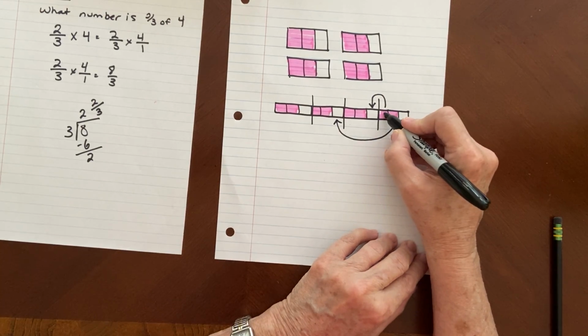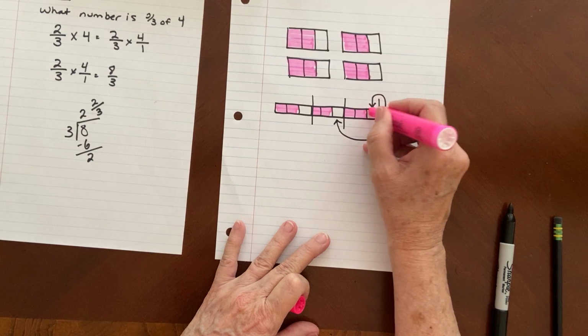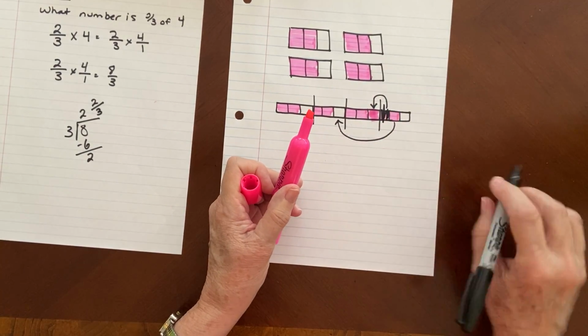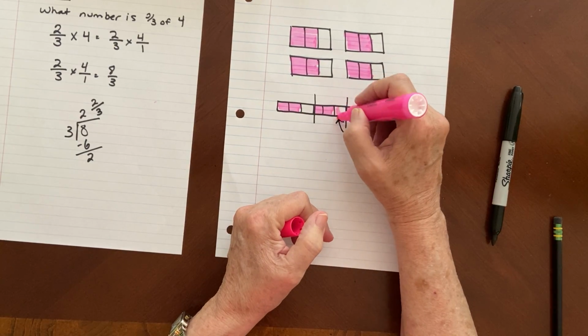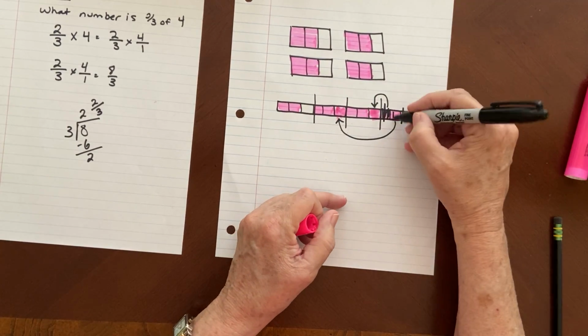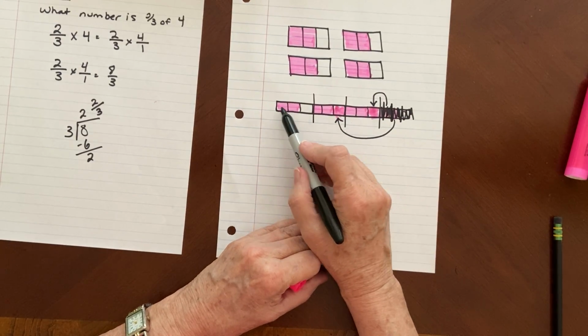Well, I took that third and filled it in there. And it goes away. I never had that one to start with. That one comes over here. And it goes away. So what do I have left? I have 1, 2, and 2/3.